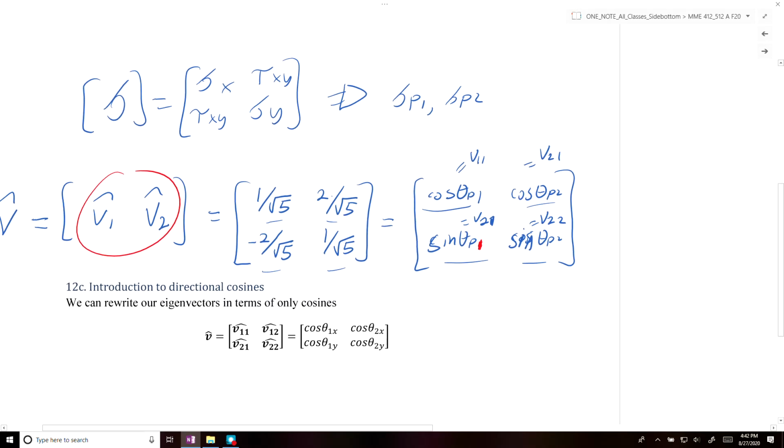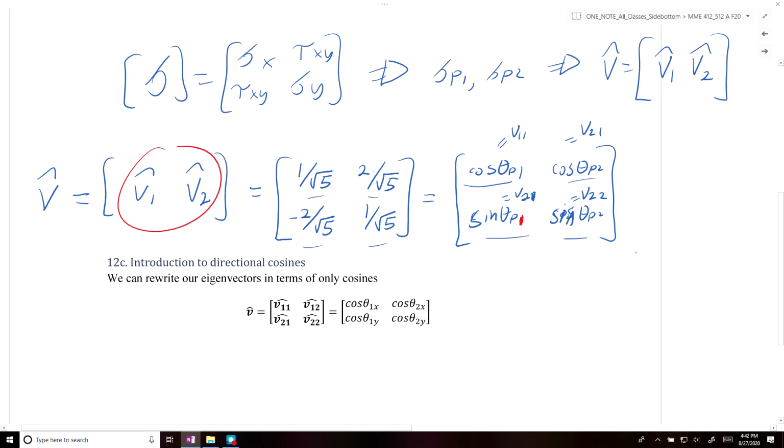We can use an eigenvalue problem to solve for those two. And then using our eigenvalues, we can define our eigenvectors. We had two different eigenvectors, v1 and v2, corresponding to the first and second principal stress.